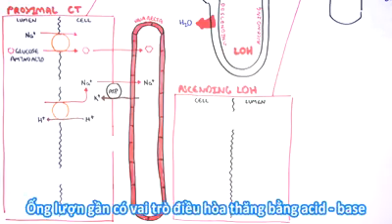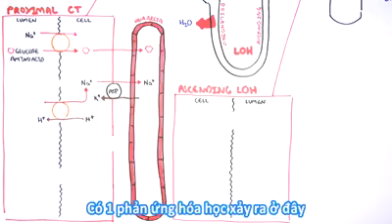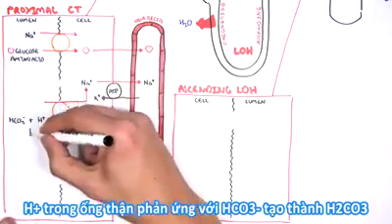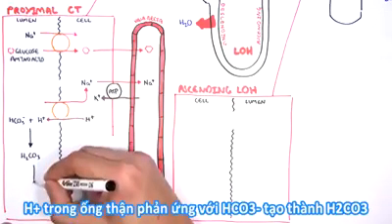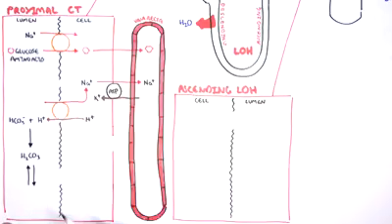The proximal convoluted tubule is important in regulating acid-base balance. It is a site where hydrogen can be secreted, as you can see here, but also a site where bicarbonate can be reabsorbed. What happens is a chemical reaction. Hydrogen ions inside the lumen of the nephron react with bicarbonate ions to form carbonic acid, H2CO3.